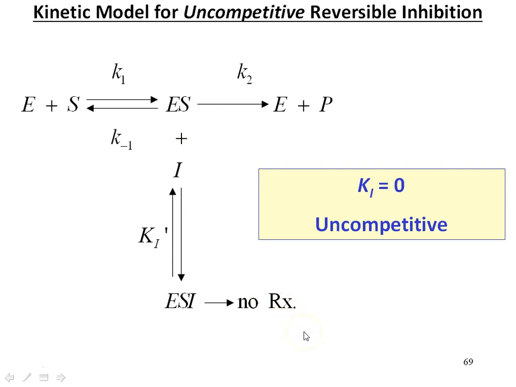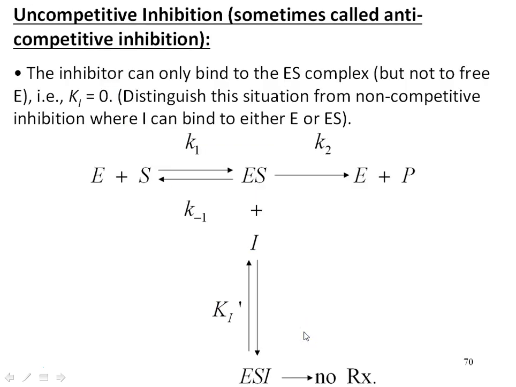So that's a different kind of inhibition. So here is the kinetic model of that type of inhibition. The inhibitor can only bind the enzyme substrate complex, but not the free enzyme. In other words, the Ki is 0, but the Ki prime is finite and has a value. This is distinguished from the non-competitive inhibition, where I can bind to either E or ES.